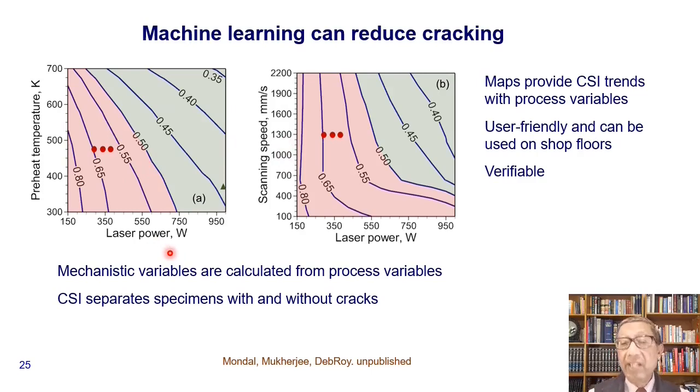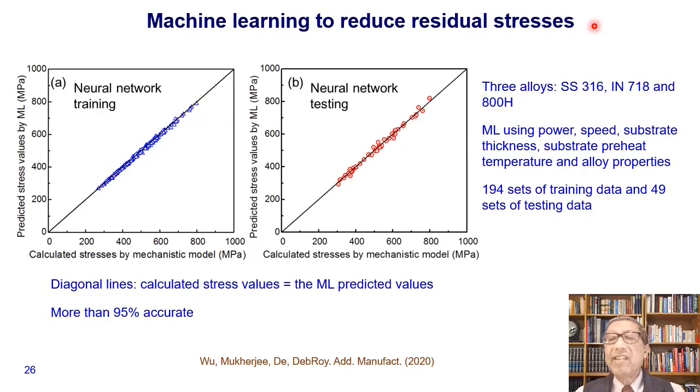Now, using machine learning: residual stress is an important problem in additive manufacturing, and reduction of residual stress can be achieved by using machine learning. We have already discussed that mechanistic models can also calculate the residual stresses for a given set of raw input variables. What's the problem with that?